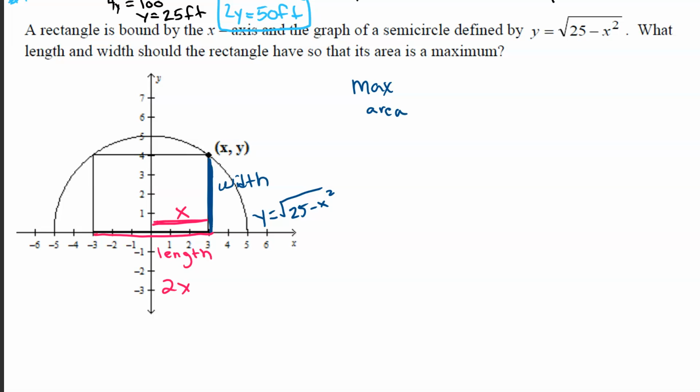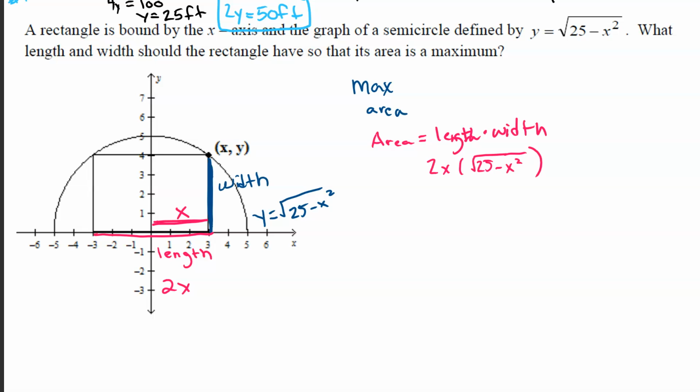So if I've got my area equal to length times width, we've got 2x times the square root of 25 minus x squared.